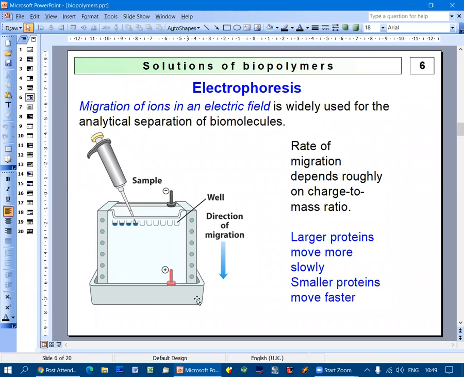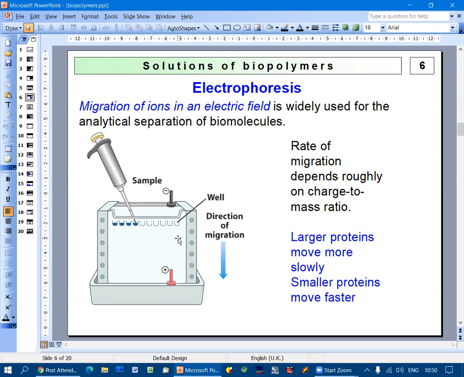An electrophoretic system consists of two electrodes with opposite charges, anode and cathode, and between them there is a gel filled with buffer solution.